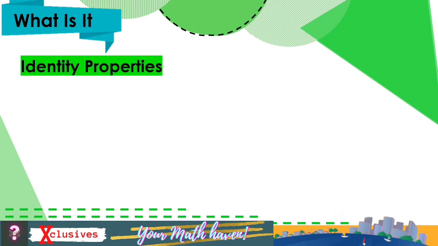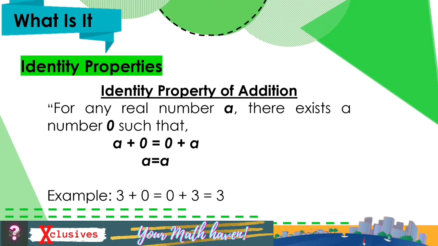Next property is the identity properties. First, we have the identity property of addition, which states, for any real number A, there exists a number 0 such that A plus 0 or 0 plus A is just equal to A. For example, 3 plus 0 or 0 plus 3 is equal to 3.